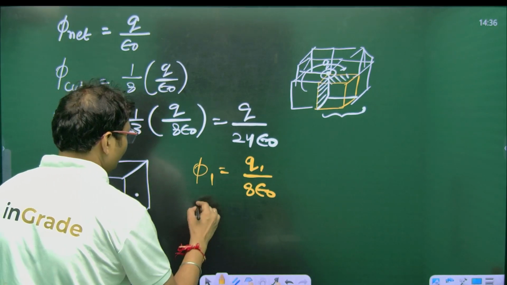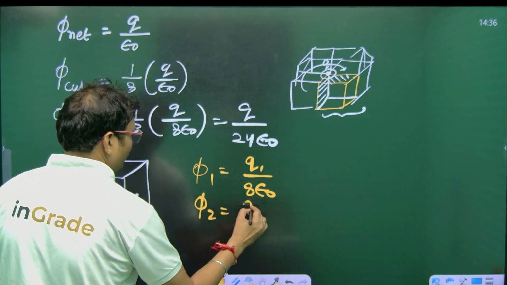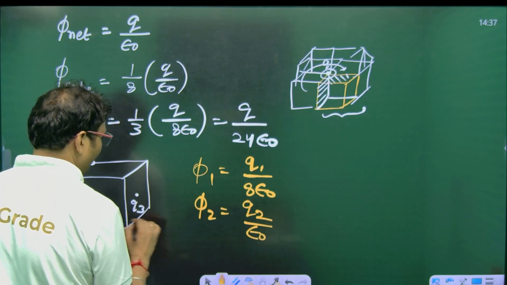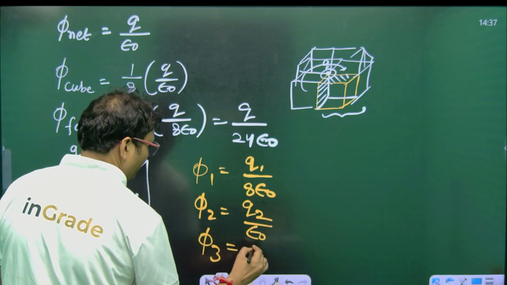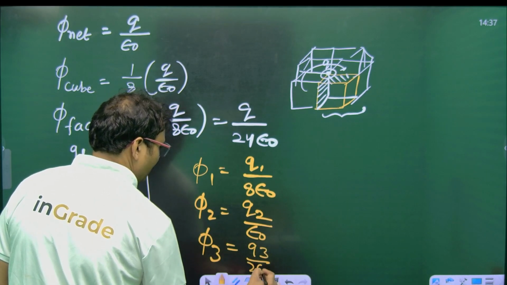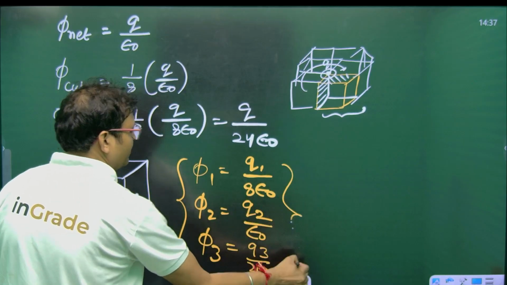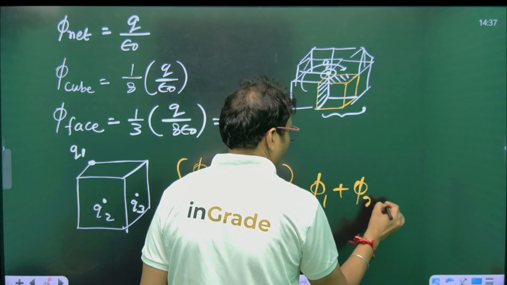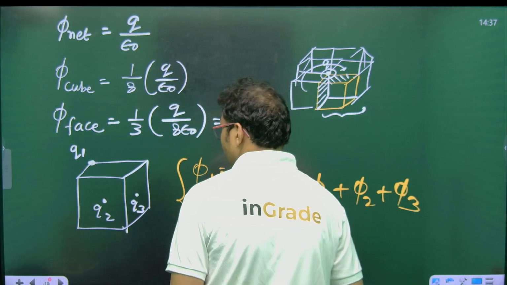Due to q2, phi 2 is equal to q2 upon epsilon naught. Due to q3, we require 2, so phi 3 is equal to q3 upon 2 epsilon naught. So that is the total flux: phi 1 plus phi 2 plus phi 3. This will be the total flux.